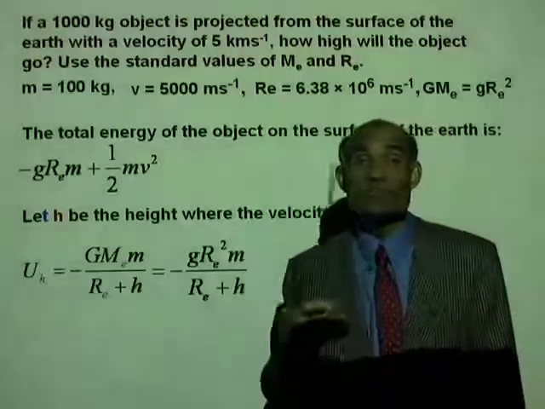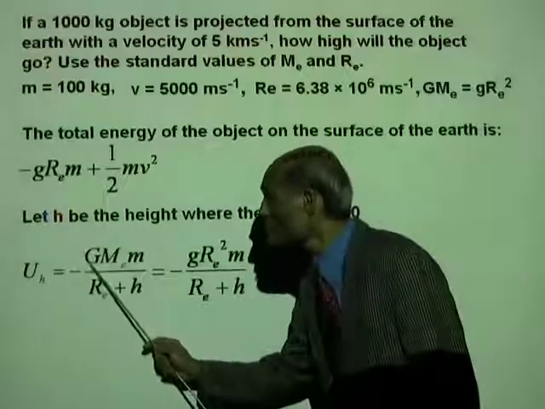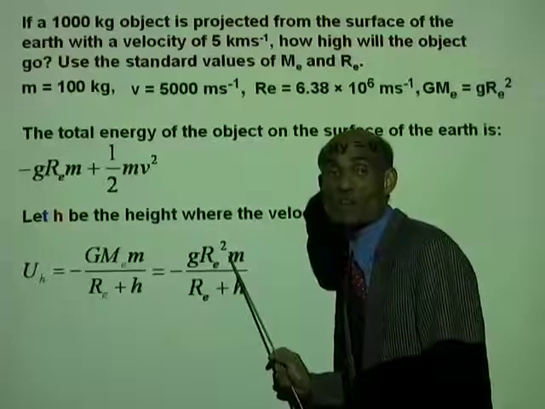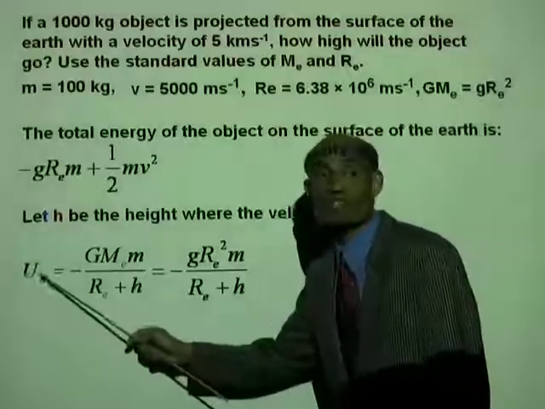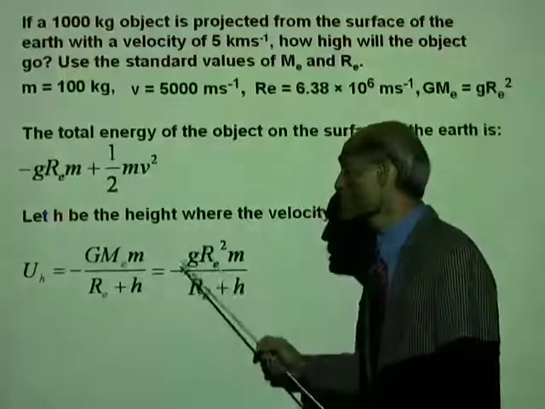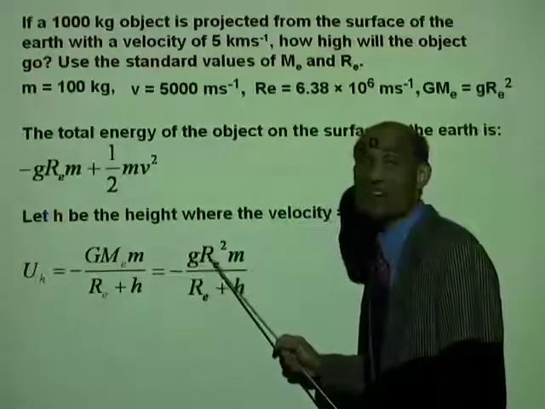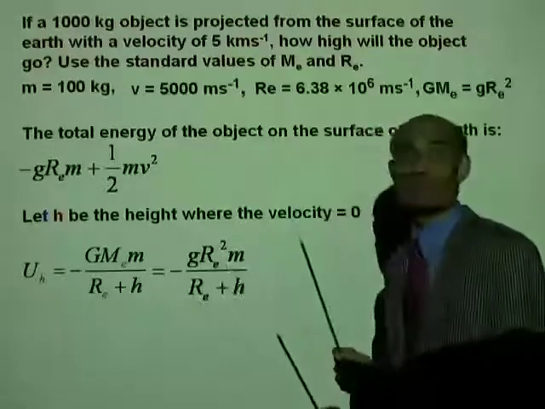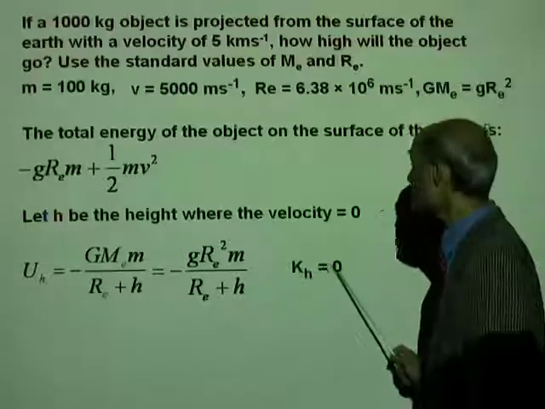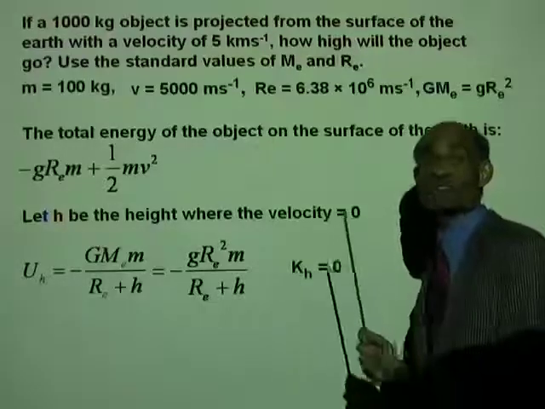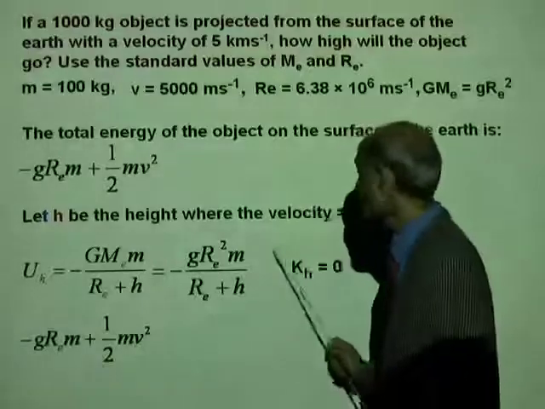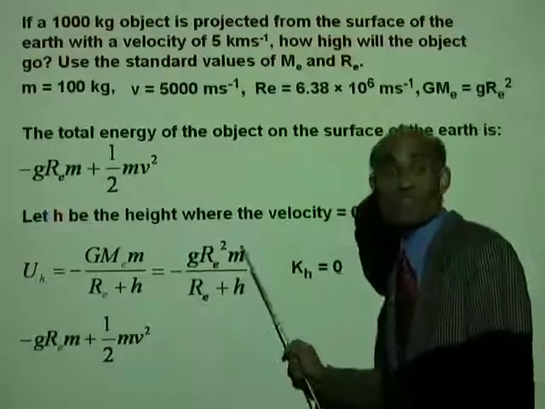Kinetic energy will be 0. Now, replace your GME by small GRE squared. So the potential energy at a height h is negative GRE squared M over RE plus h. And the kinetic energy at that height equal to 0. Therefore, the total energy will be this quantity.